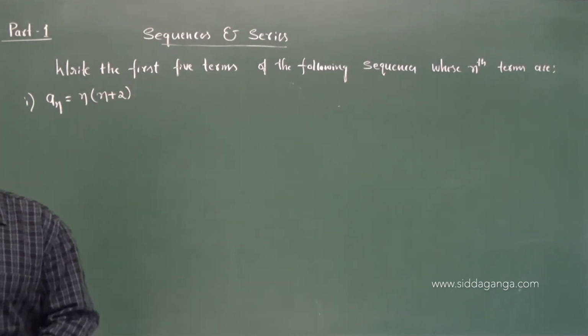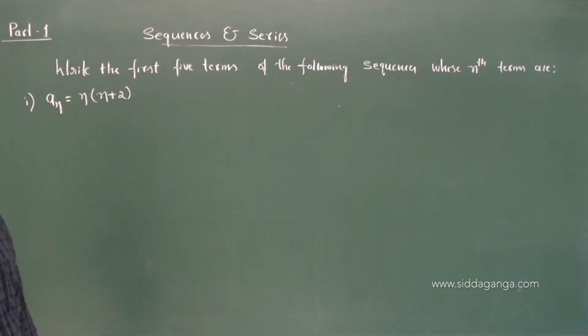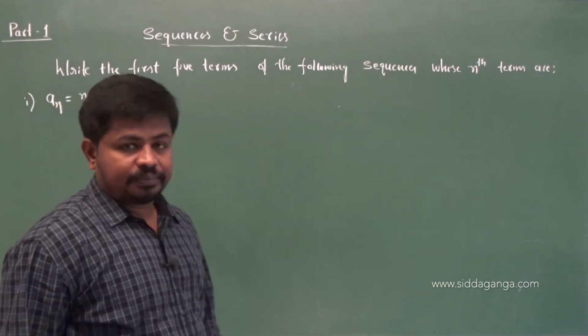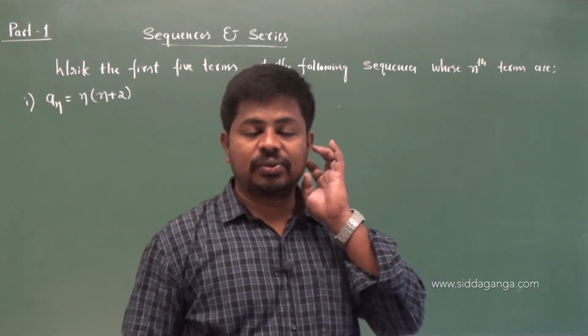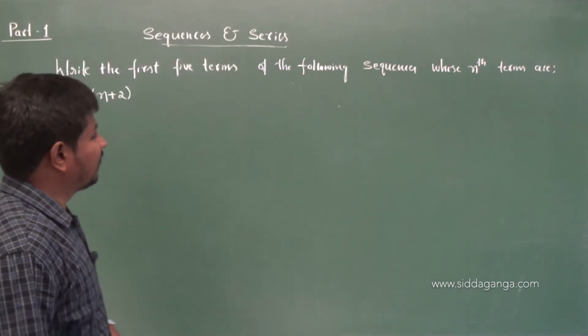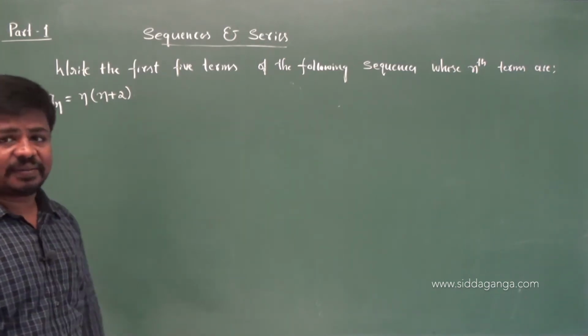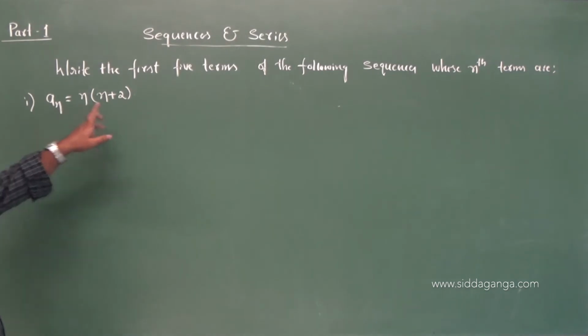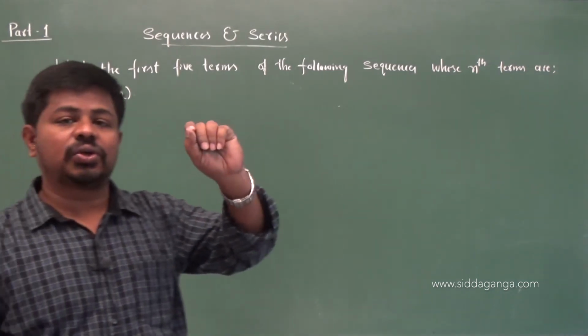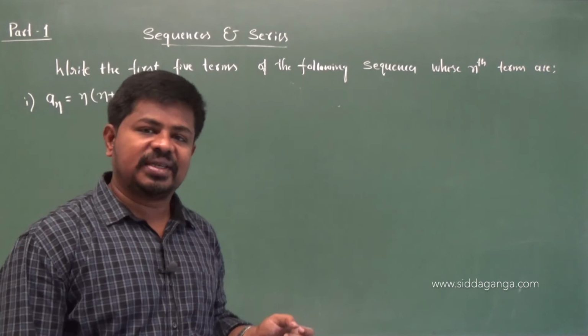Okay, students, here we have the nth term of some sequence. Hope you learnt the significance of the nth term. The nth term gives any term of the given sequence, right? If in place of n you take 1, it gives the first term. If n is 2, it gives the second term. If n is 3, it gives the third term, and so on.